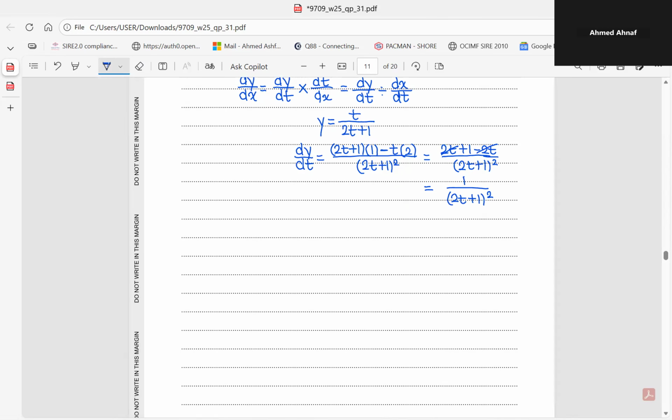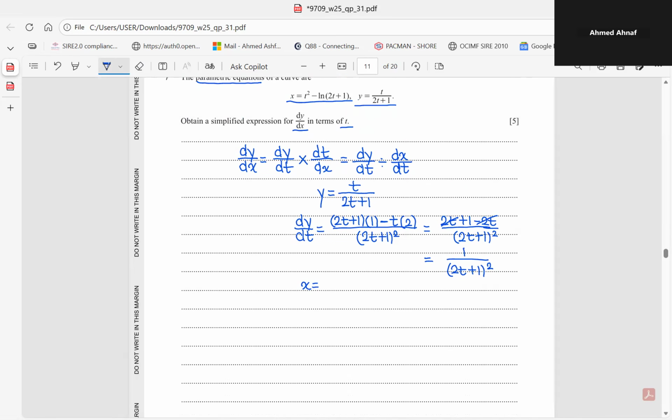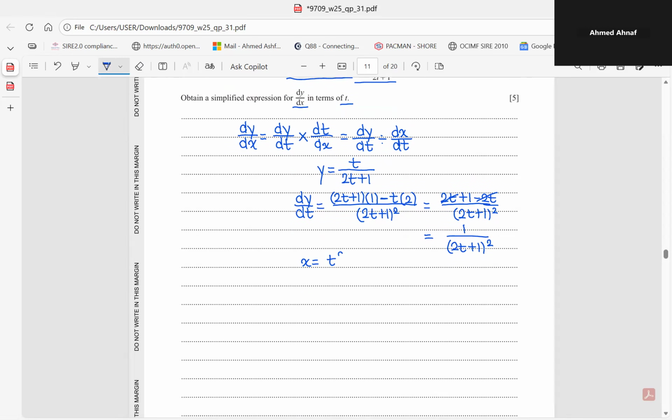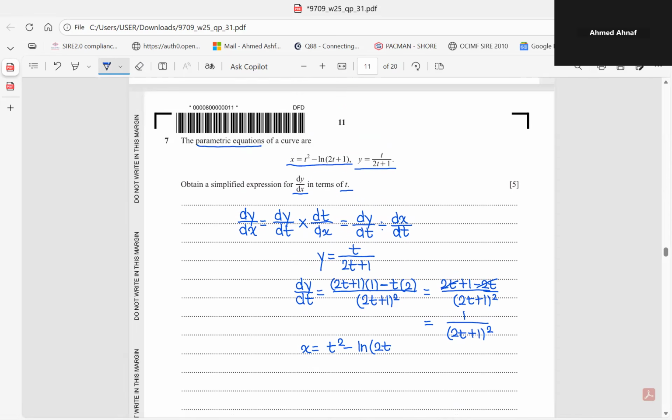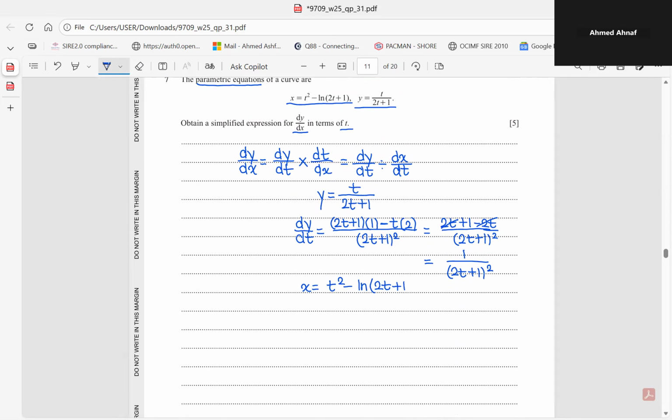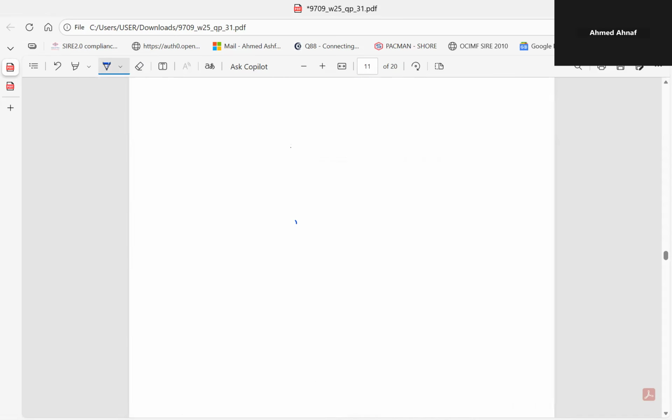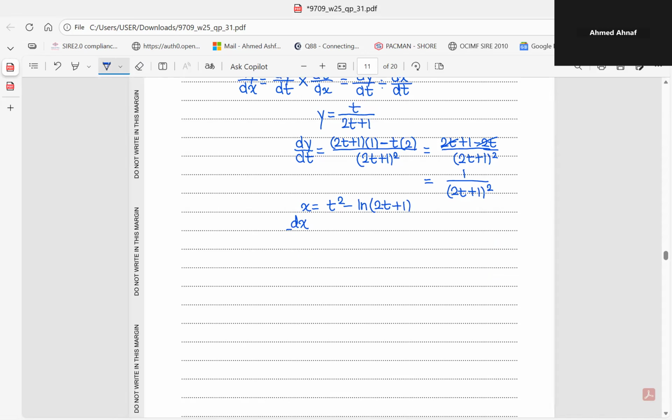Okay, now let's find dx/dt. So x is just t squared minus ln(2t plus 1). So this one's a lot simpler. It's just the sum of it.